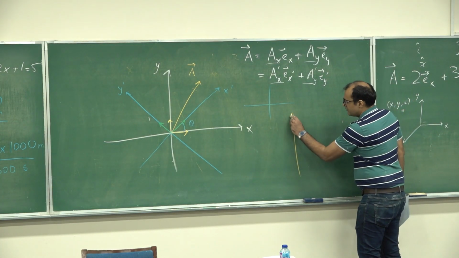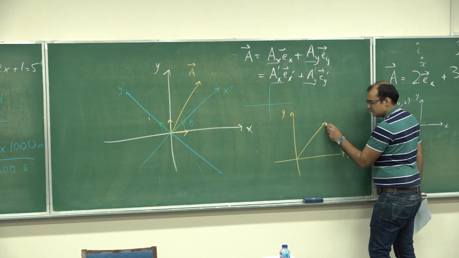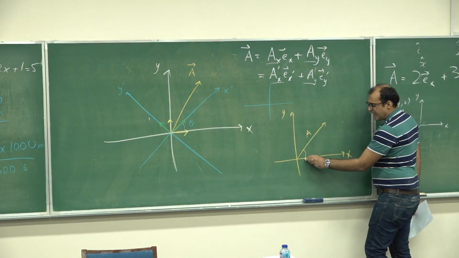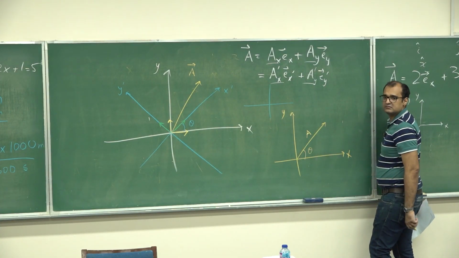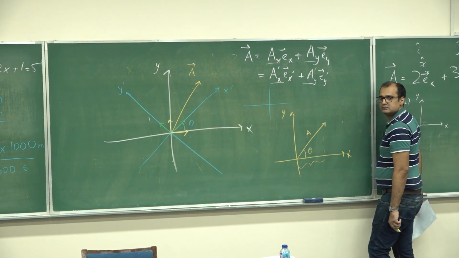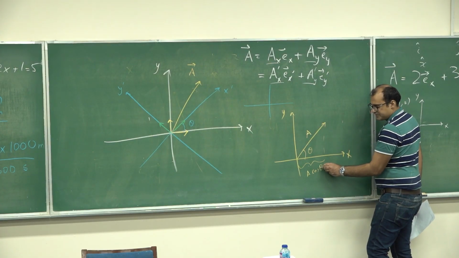So anyway, let me take a step back and say, if you have a vector and you know the magnitude of the vector and you know the angle that the vector makes with the horizontal, how do I find the x component? A cos theta, that's the x component.